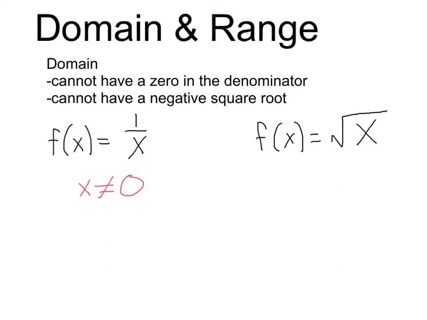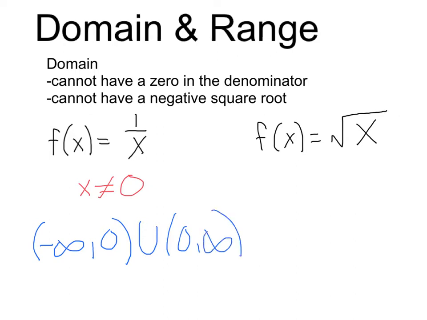So basically for our domain, we go from negative infinity all the way to 0, and we're going to put a parentheses here. This parentheses, remember, means this 0 is not included, and we're going to combine that with 0 all the way to positive infinity. So because these zeros don't have brackets, that value is not included.